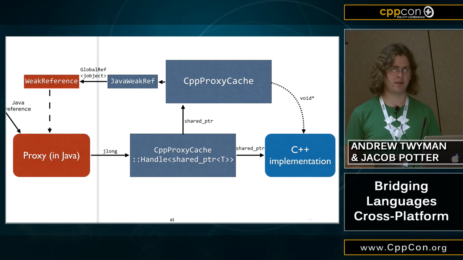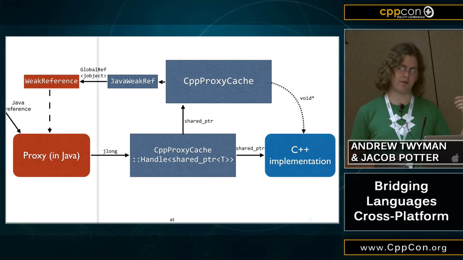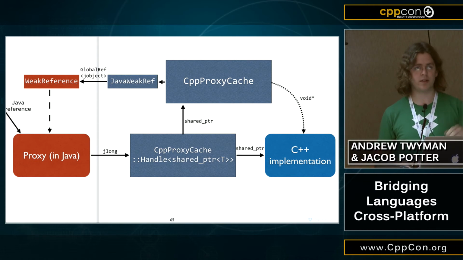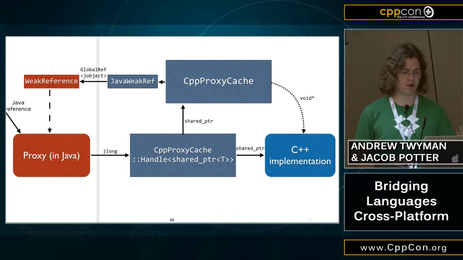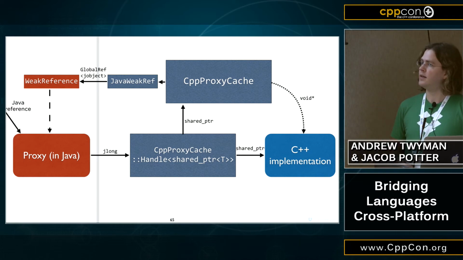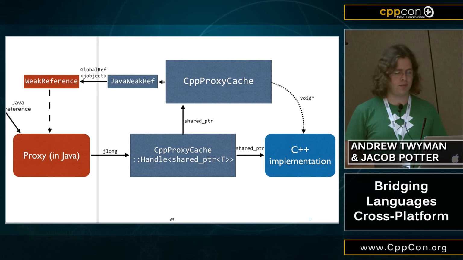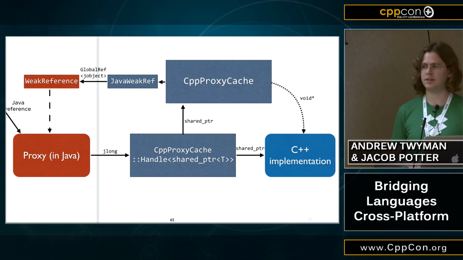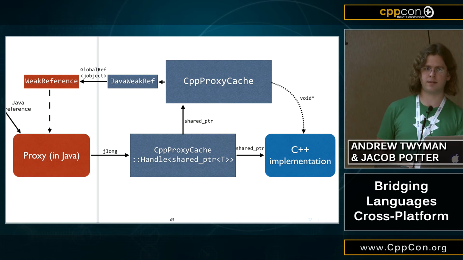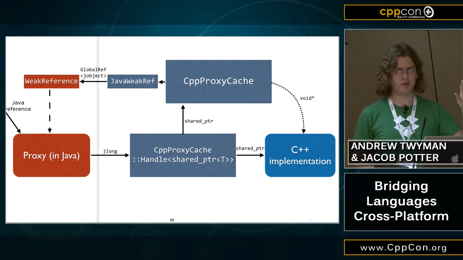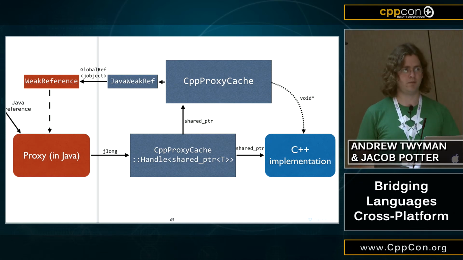The only thing that matters is that the clearing out of the weak pointer, or the Java weak reference, happens all at once, sometime after there are no more handles to the proxy. So that's OK. And so it's the same layout. This used to be 2 different pieces of code. There were 2 more for Objective-C. The Objective-C to C++ and C++ to Objective-C wrappers were pretty similar, but now it's all one template.